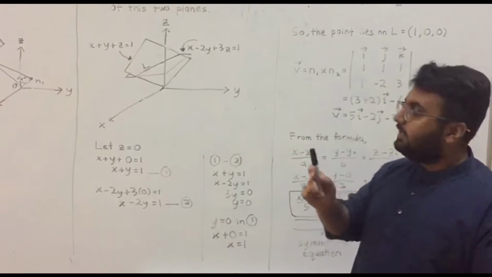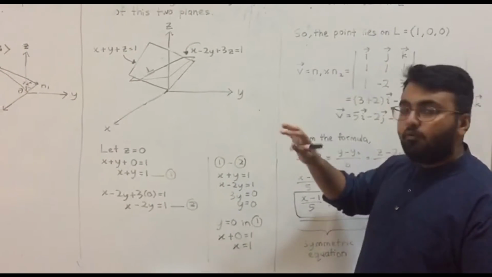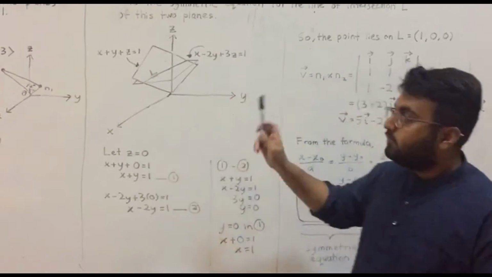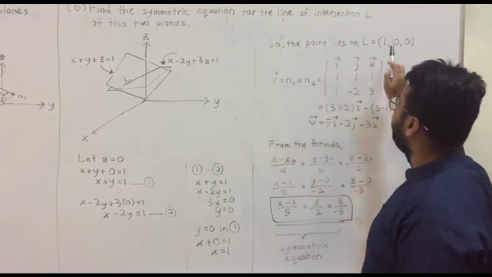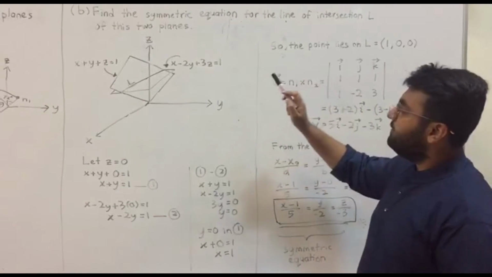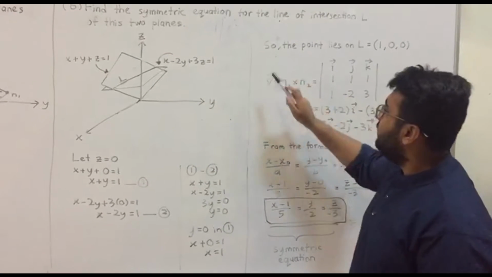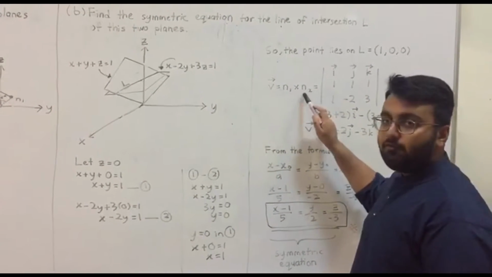The intersection L lies on both planes, the plane of n1 and the plane of n2. Now that we have the point on L, to find the symmetric equation we need the vector n1 cross product with n2.